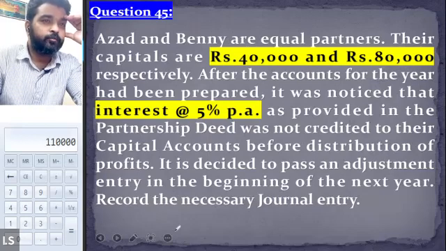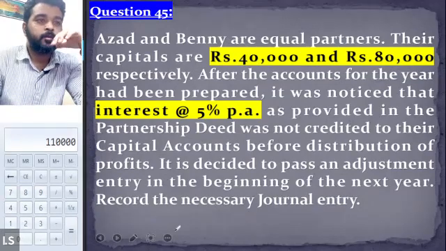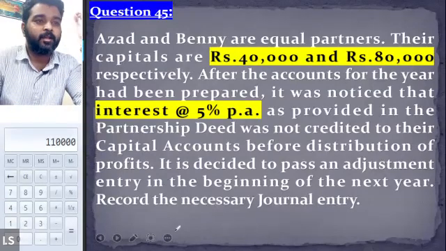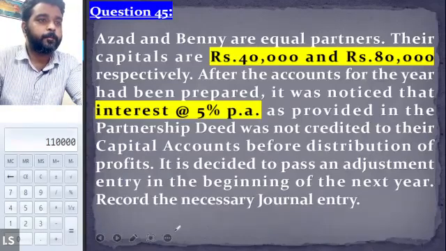After the accounts for the year had been prepared, it was noticed that the interest at the rate of 5% per annum as provided in the partnership deed was not credited. So interest was not credited to Azad and Bani, like in the previous question.